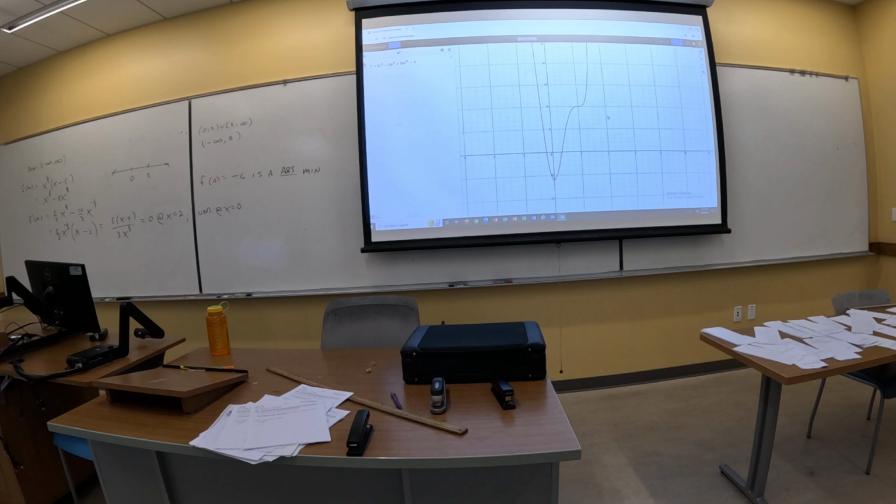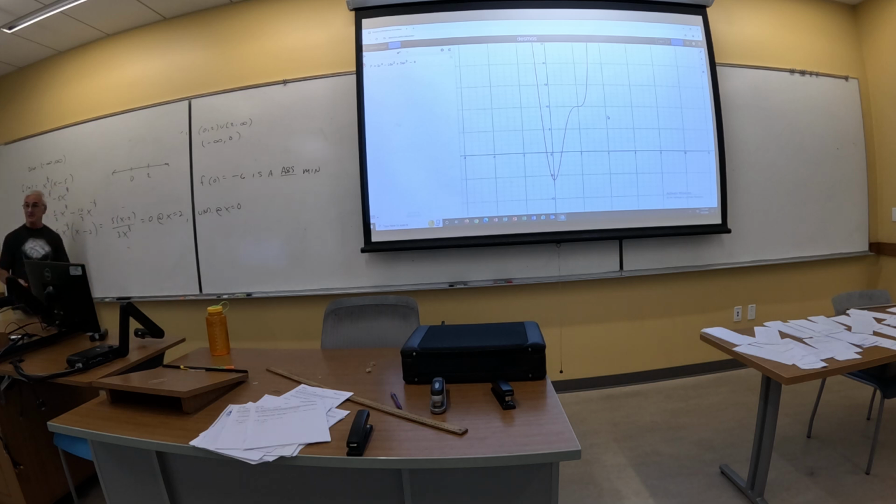The only place the derivative can change sign is at a critical value. It doesn't always change sign, right? It did there on the second one, but that's the only place it can change sign. So I can change sign in both of these places. Now, let's go that way forever. If I go that way forever, I'm going to have a negative on top and a negative on bottom.